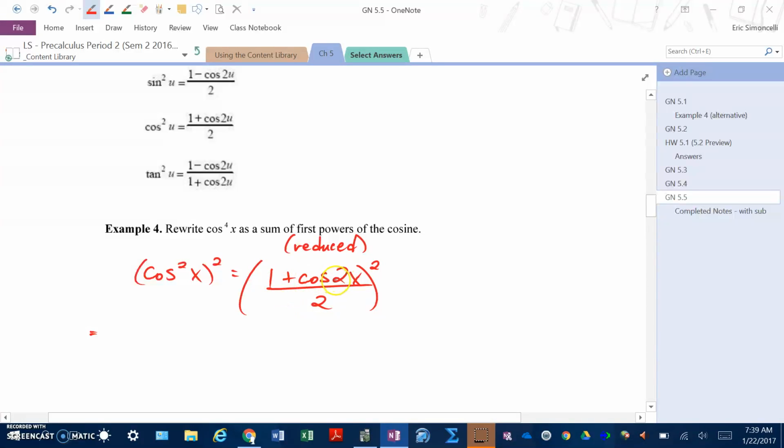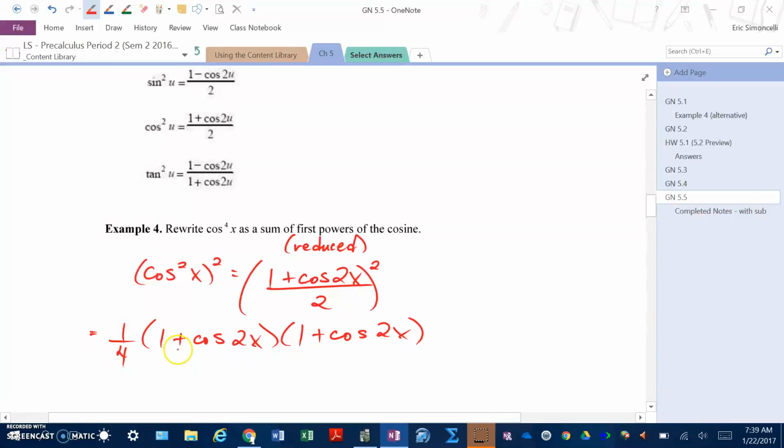We'll FOIL the numerator, but also in terms of what the denominator entails, that can also be squared, as we'll separate it from the foiling of 1 plus cosine 2x times 1 plus cosine 2x. And I know I can do this if I were to just FOIL the numerator by itself. Obviously that's what we see, but the denominator of that squared is a fourth.